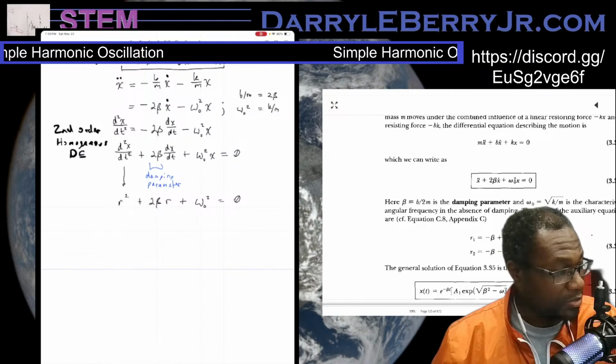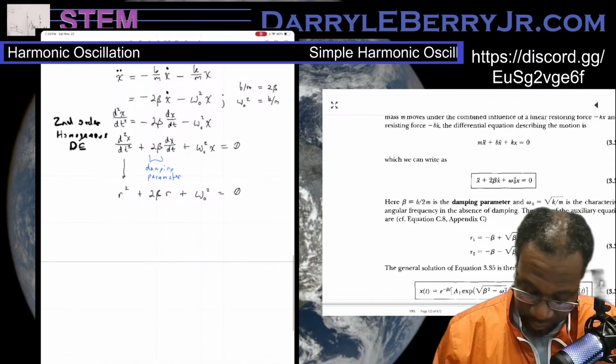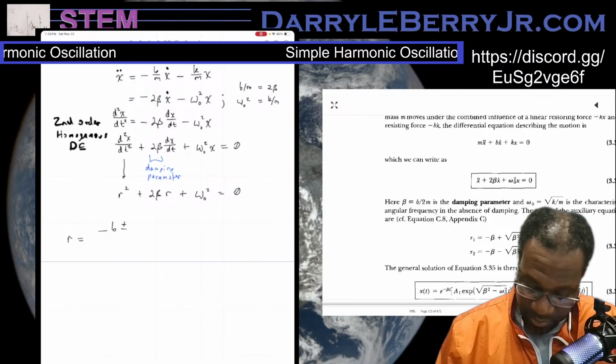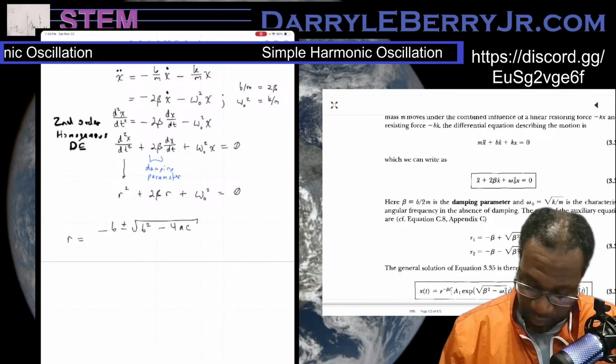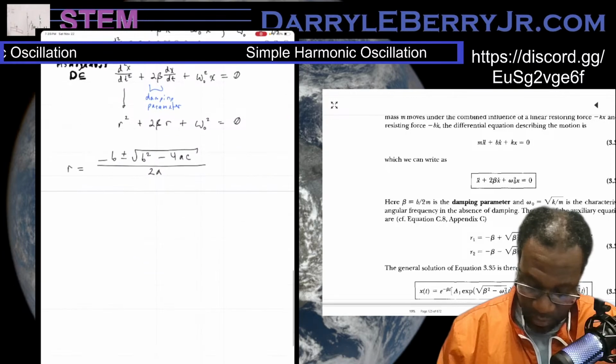But that'll make things more complicated, so I would just do it the normal way. We use the quadratic equation, r equals negative b plus or minus the square root of b squared minus 4ac, all divided by 2a.